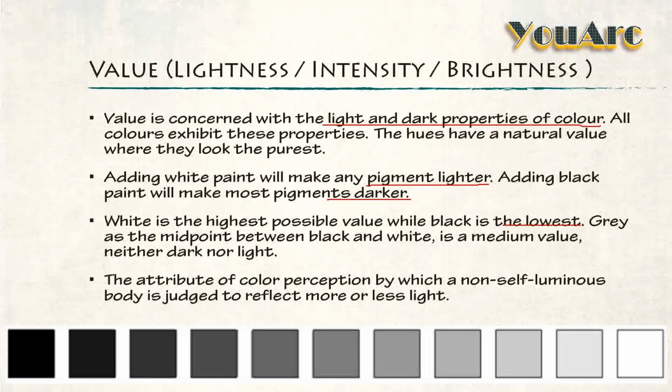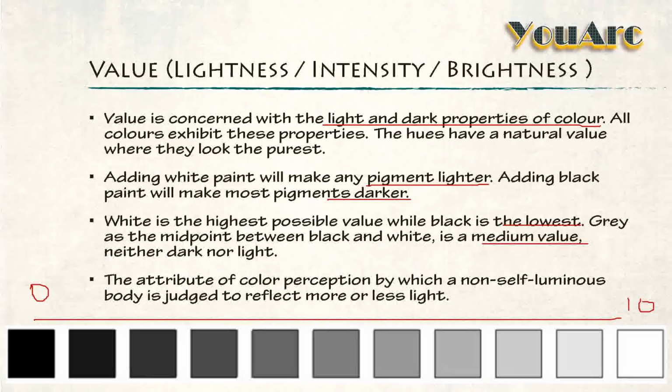Gray, being the midpoint between black and white, is a medium value color. Here we have given the value scale. It starts with 0 here and is 10 here. So when you mix any hue with this particular color, that is black to white, we get different values.